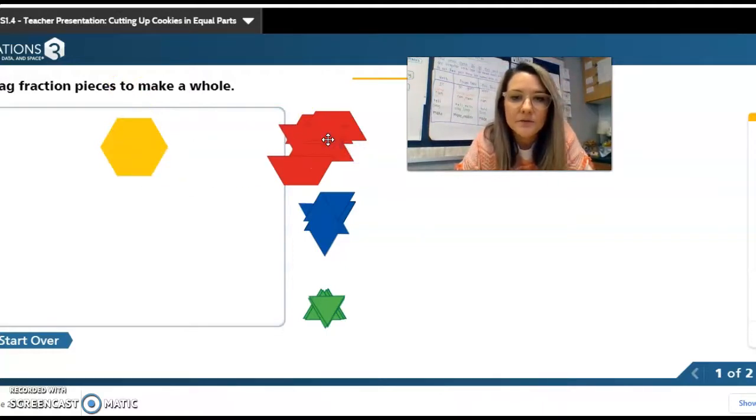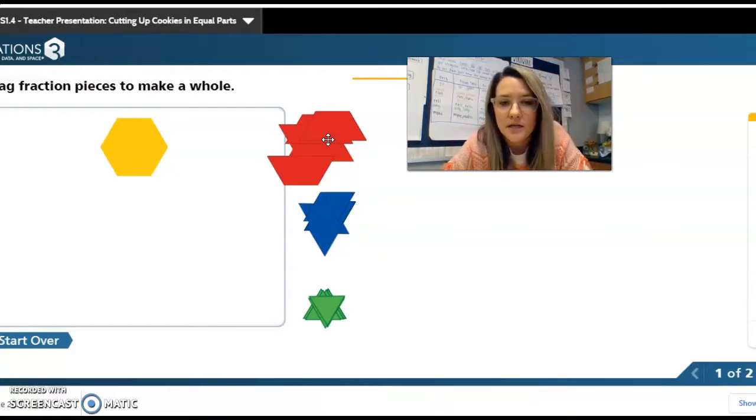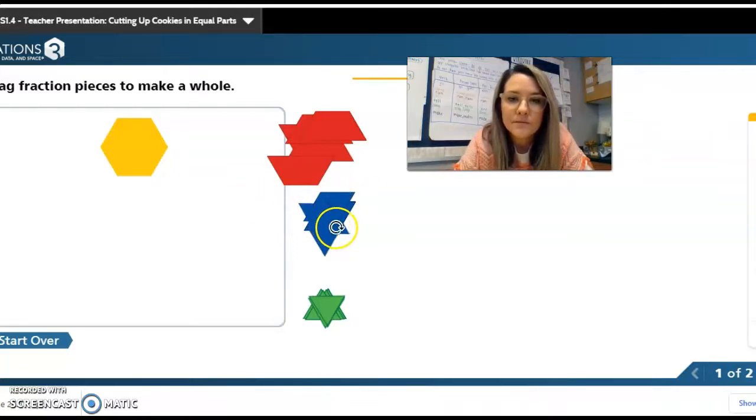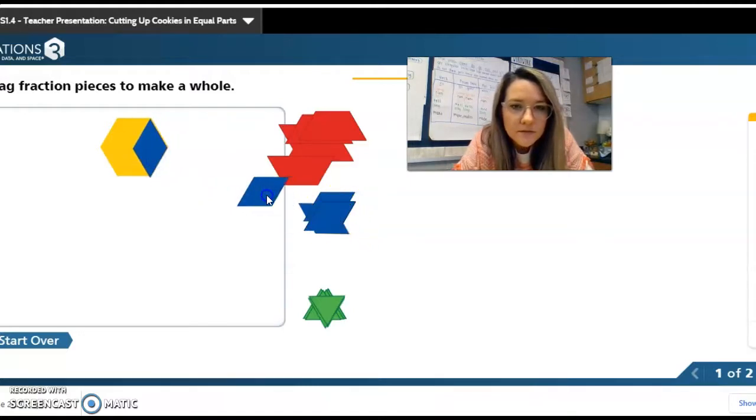All right, what about the blue rhombus? How many blue rhombuses do you need to cover the hexagon cookie? Well, let's see here. We've got 1, 2, and again, sometimes it'll show gaps, but that's not really there.